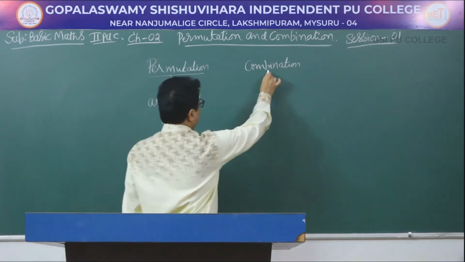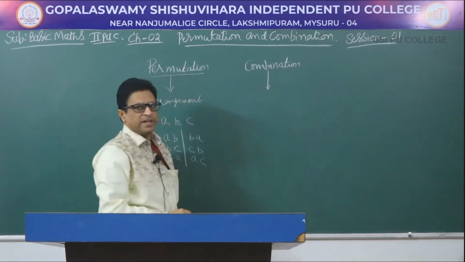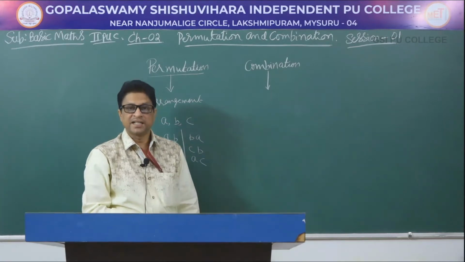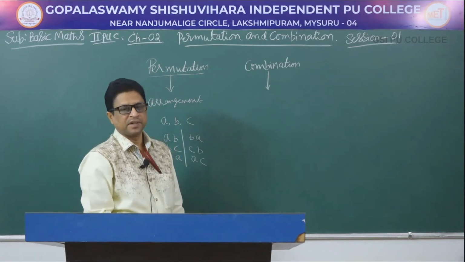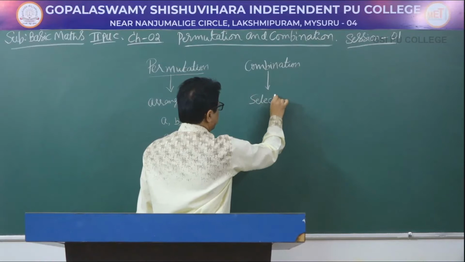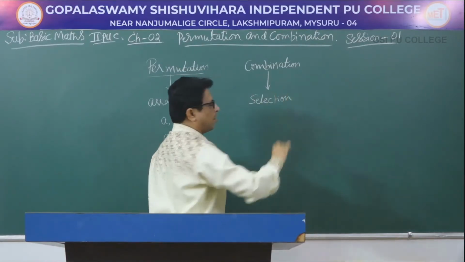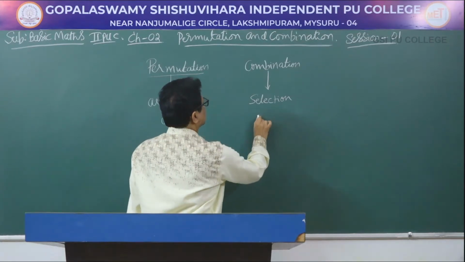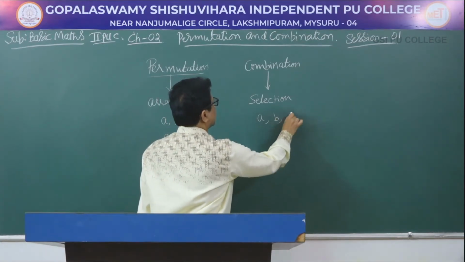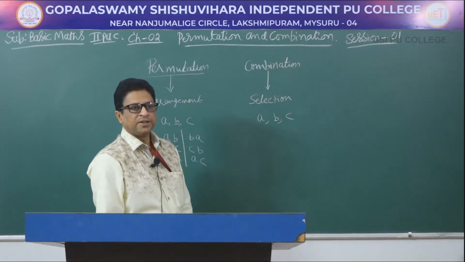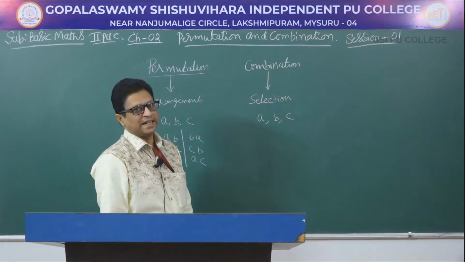Now, what is a combination? Combination is a selection of objects or numbers or items. For example, let us consider three letters A, B and C. We have to select any two letters from three letters.